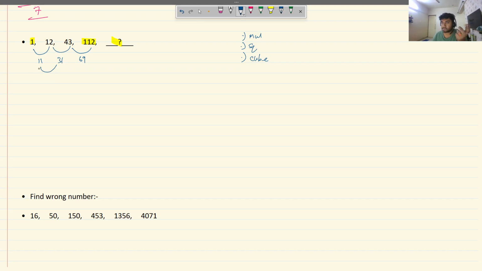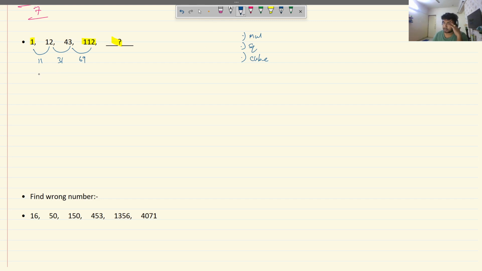Let's see, 31 minus 11 is 20, 69 minus 31 is 38, 20, 38, no relation among them. So difference of difference doesn't really make any sense.